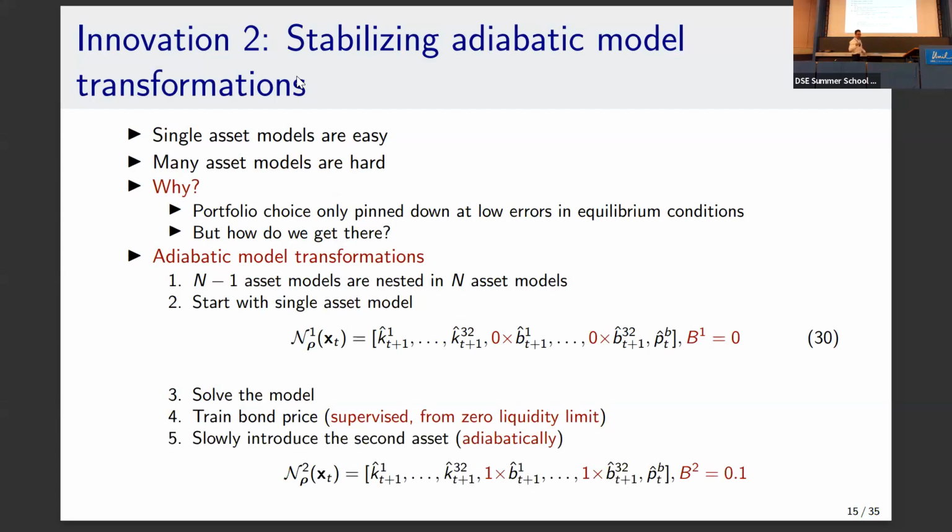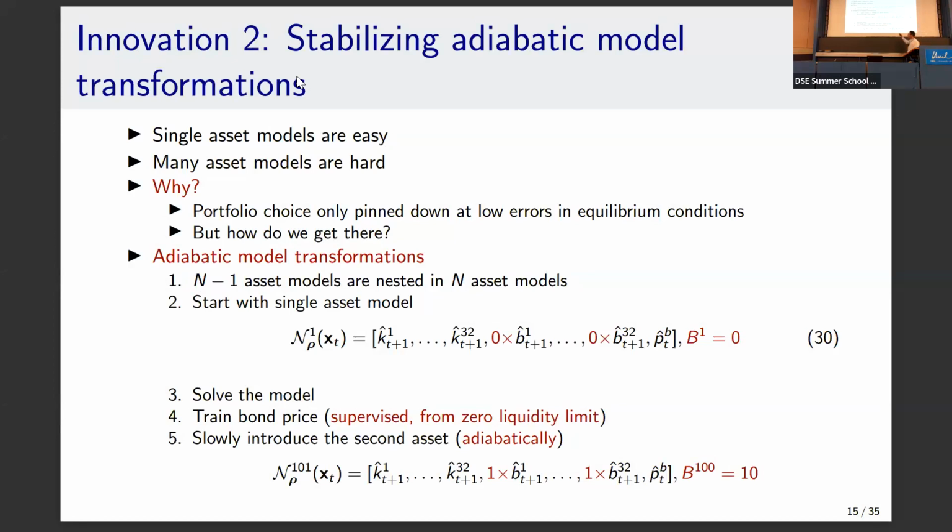And then we slowly increase the amount of bond, going up here. Every time we have a very good starting point for the next model we're solving, and the error always remains low, we're always able to pin down the portfolio choice.